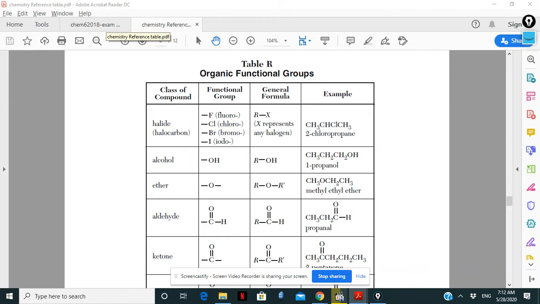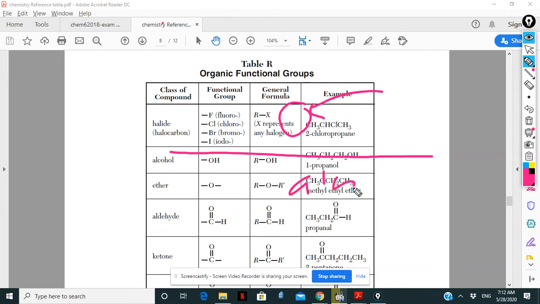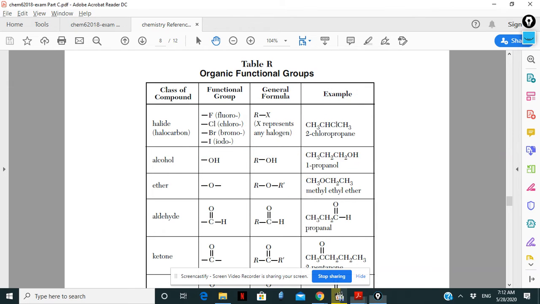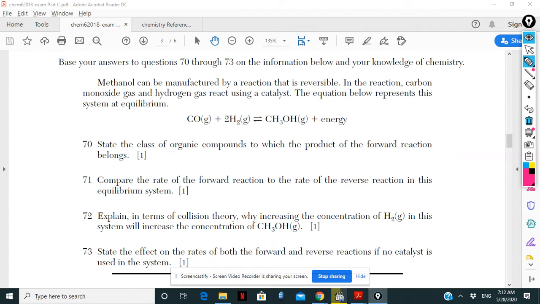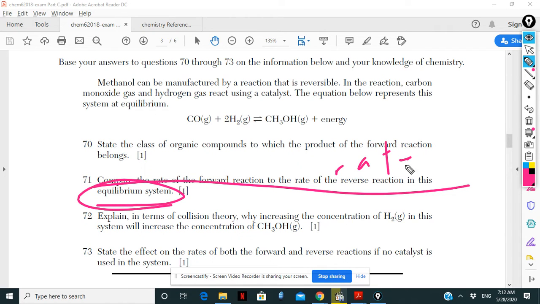OH means alcohol. So this belongs to alcohol. Now compare the forward rate at equilibrium. At equilibrium, the rates are the same. So the forward reaction equals the backward reaction.